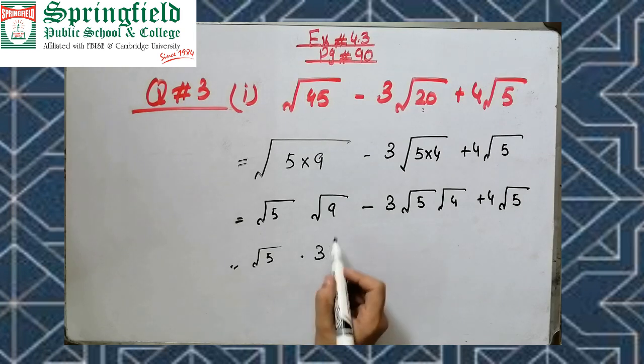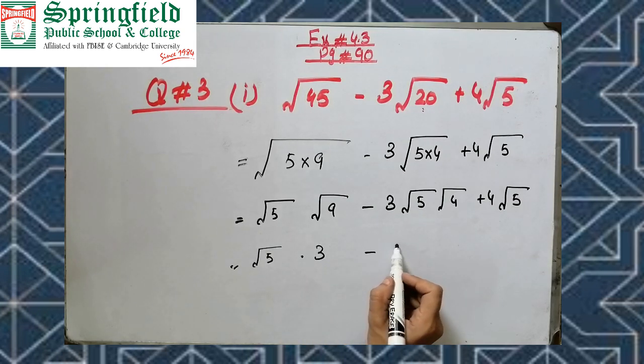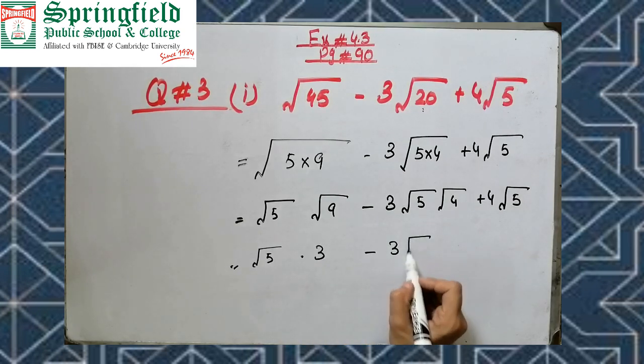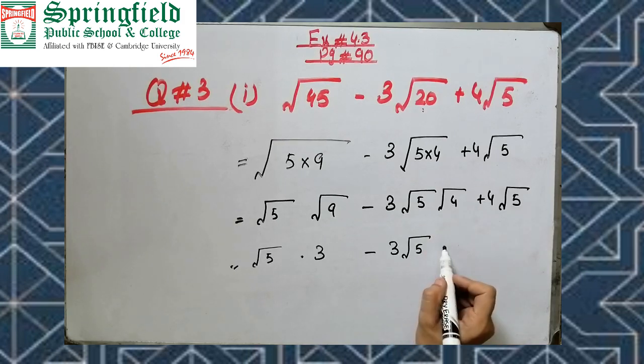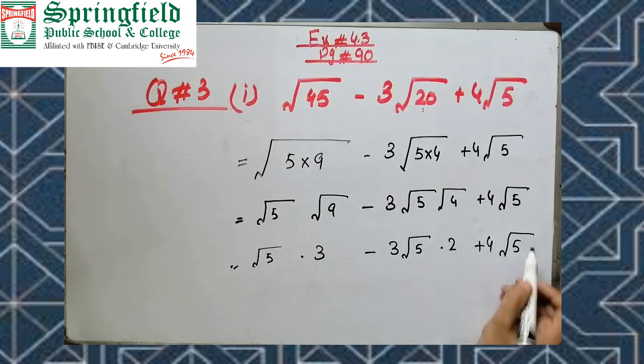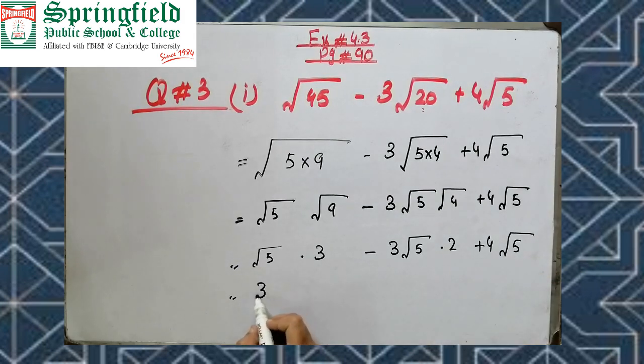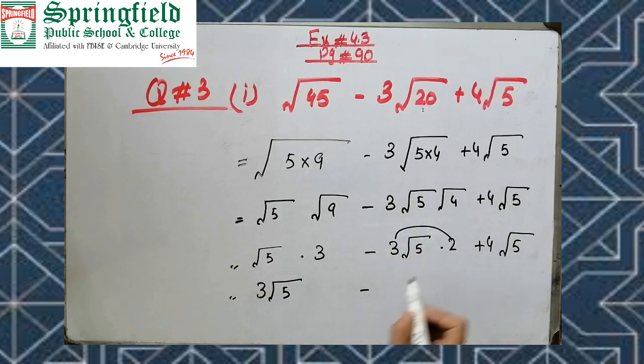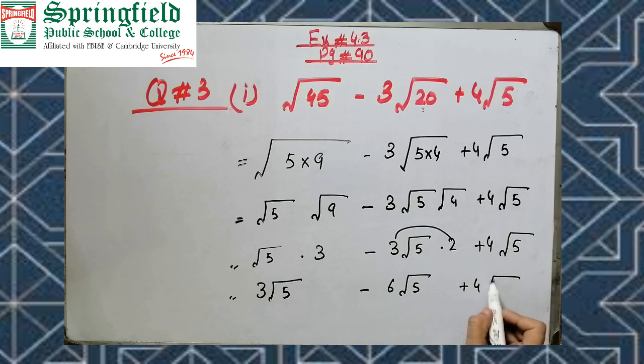We know that the square root of 9 is equal to 3, minus 3 under root 5, and the square root of 4 is just 2, plus 4 under root 5. It can be written as 3 under root 5 minus 3 2s are 6 under root 5 plus 4 under root 5.